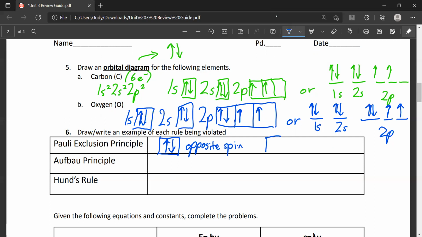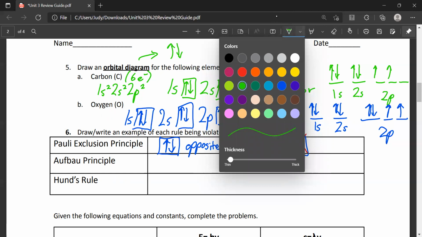We can't have a situation where it's both up or both down. That is totally wrong. So always keep that in mind. Like I said, these are incorrect, so do not copy this down, but always make sure one goes up, one goes down.